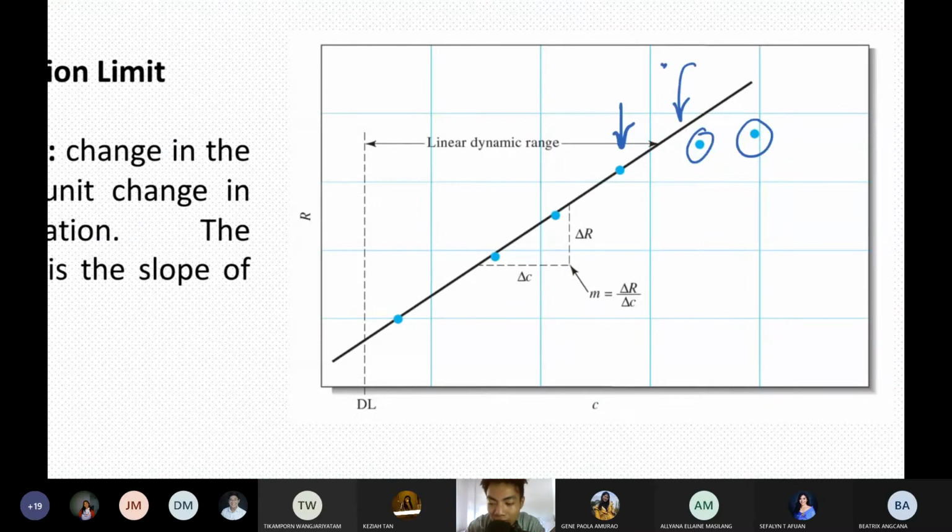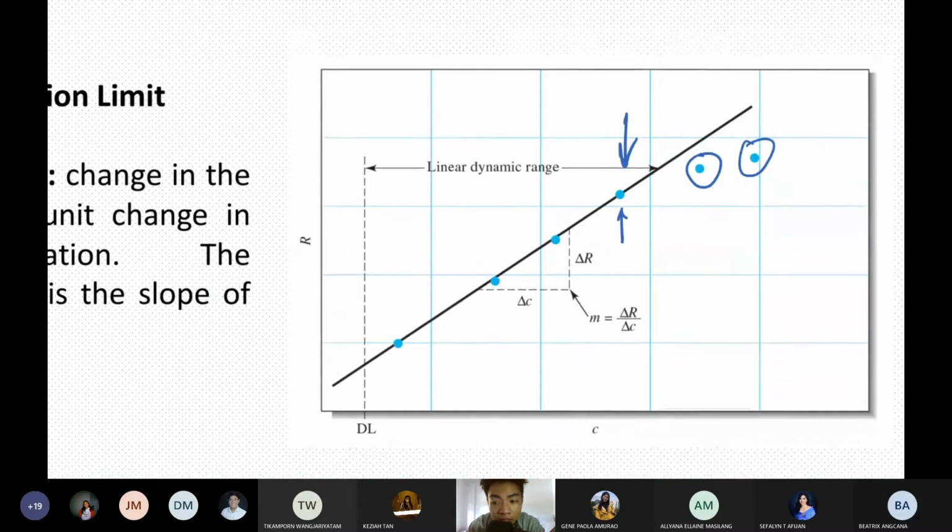So that means, when your data points deviate from linearity already, that means your calibration curve has a limit, and the limit is where the last linear point is. So for example, this is the last point where the linearity can be established.